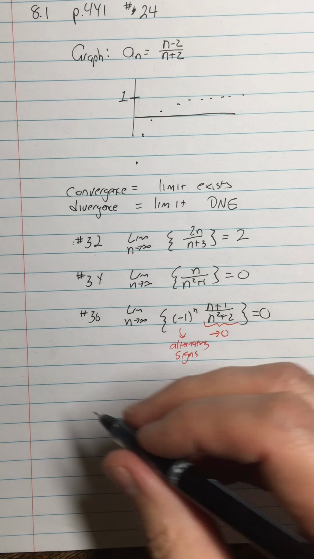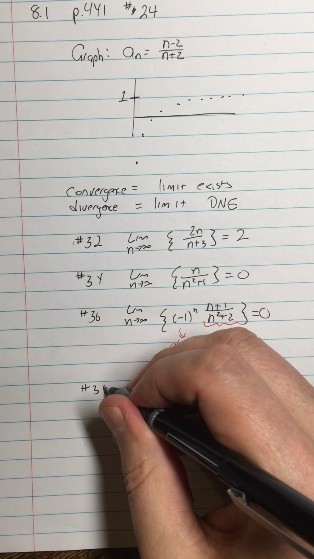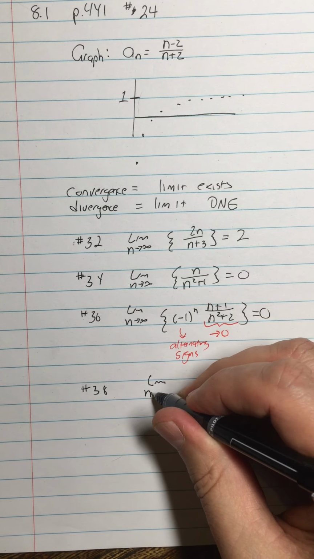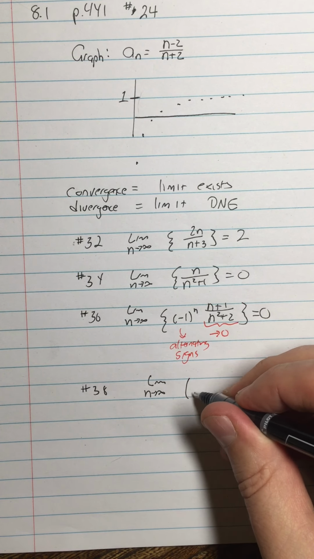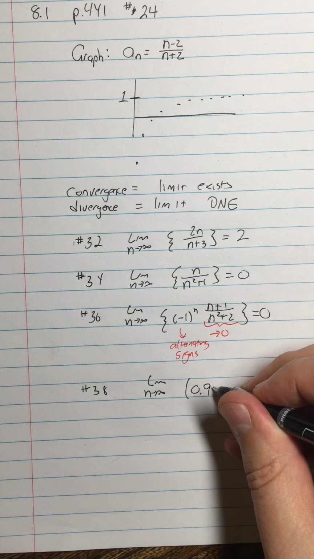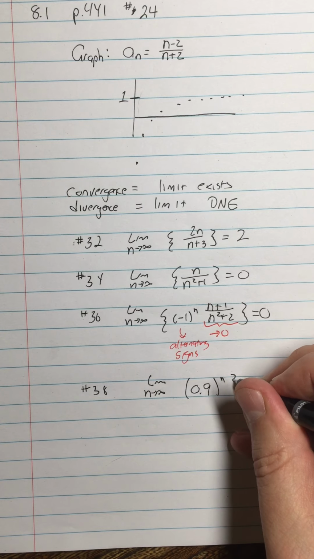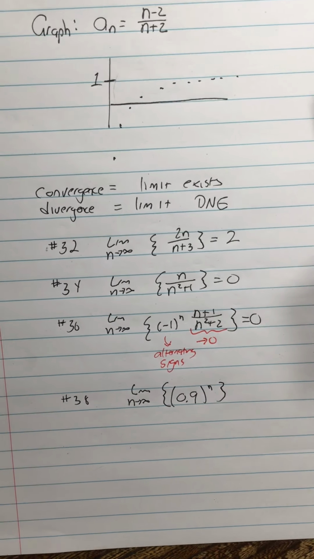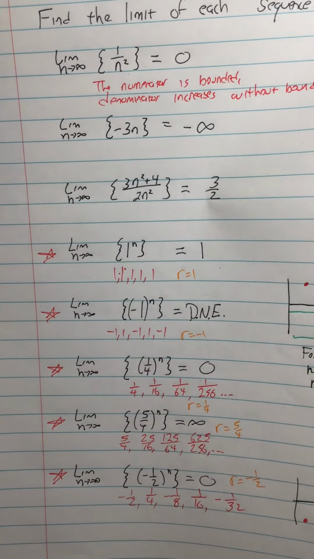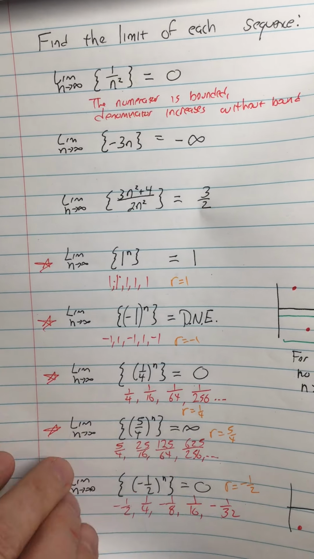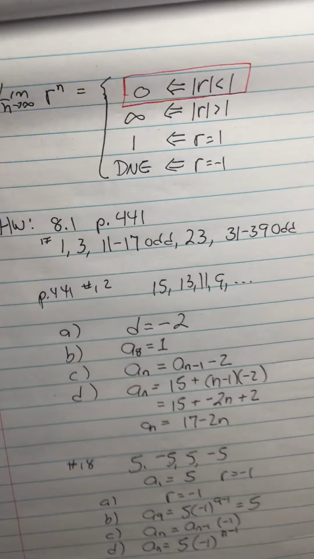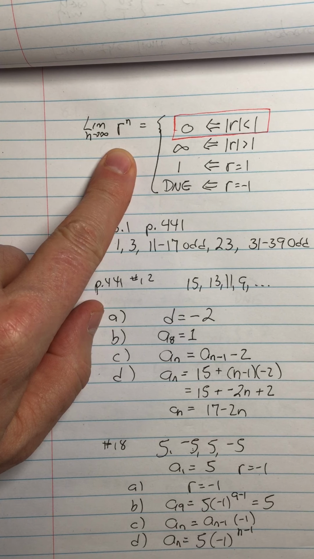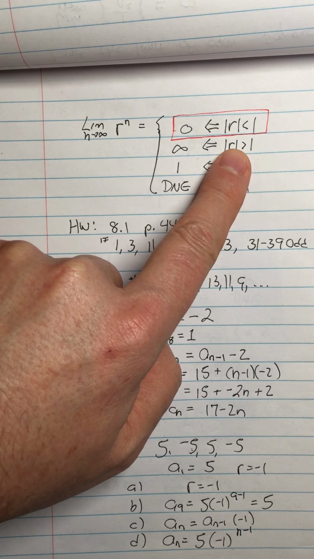All right, what about number 38? We have the limit as n approaches infinity of 0.9 to the nth power. I guess put the brackets there. You want to recognize that this is a geometric sequence. I would encourage you to graph all of these. One thing we've just figured out is that for a geometric sequence, r to the n, if the absolute value of r is less than 1, it goes to 0.